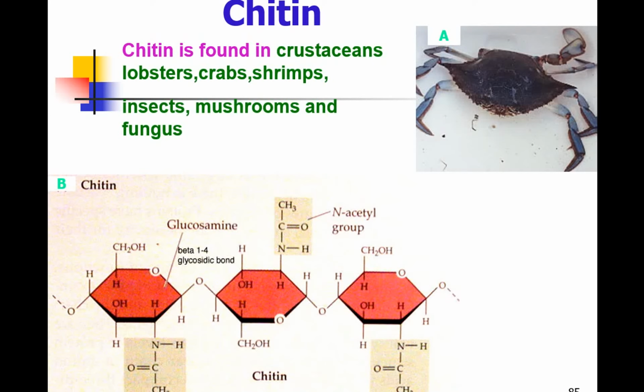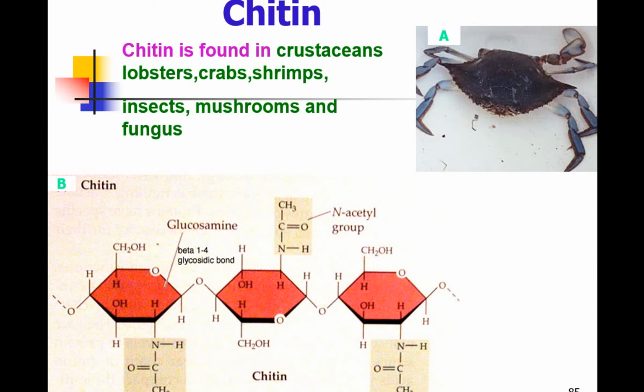Another example of a homopolysaccharide is chitin. Chitin is found in crustaceans, lobsters, crabs, shrimps, insects, mushrooms and fungus. Chitin is made up of glucosamine, and the repeating units of chitin are N-acetyl glucosamine.